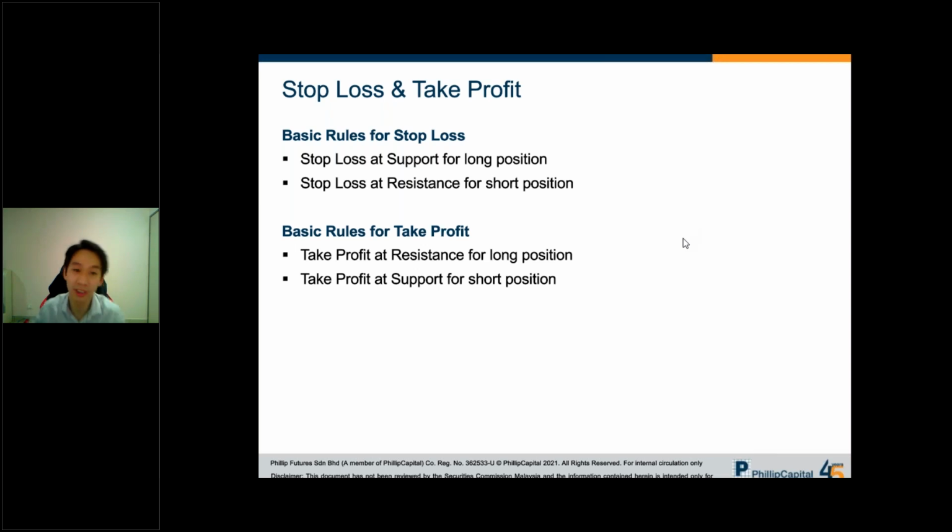Whenever price comes down to the support, you start to look and determine whether you want to get out of the market, or whenever price goes up to the resistance, you look at whether you want to get out of the market or enter the market. Price action always happens at support and resistance. So to me, if you are able to identify the major support and resistance, you will always be a profitable trader.